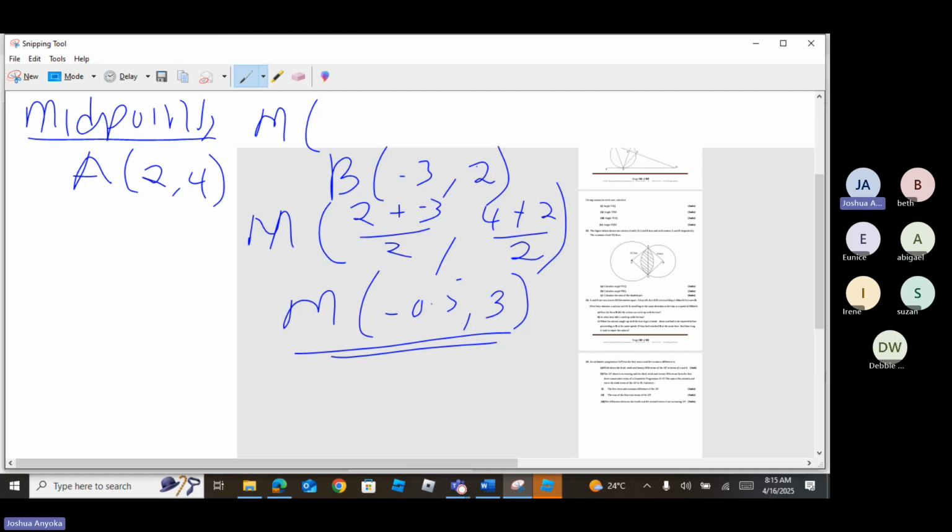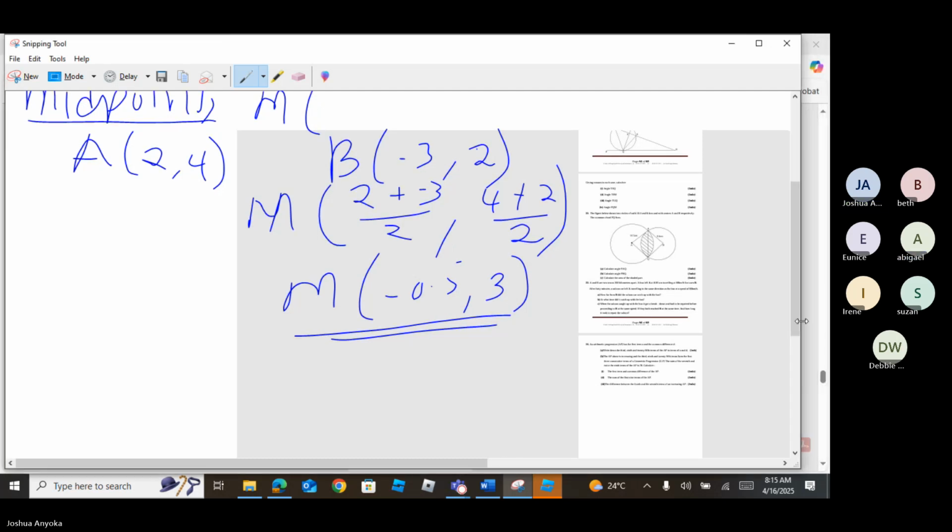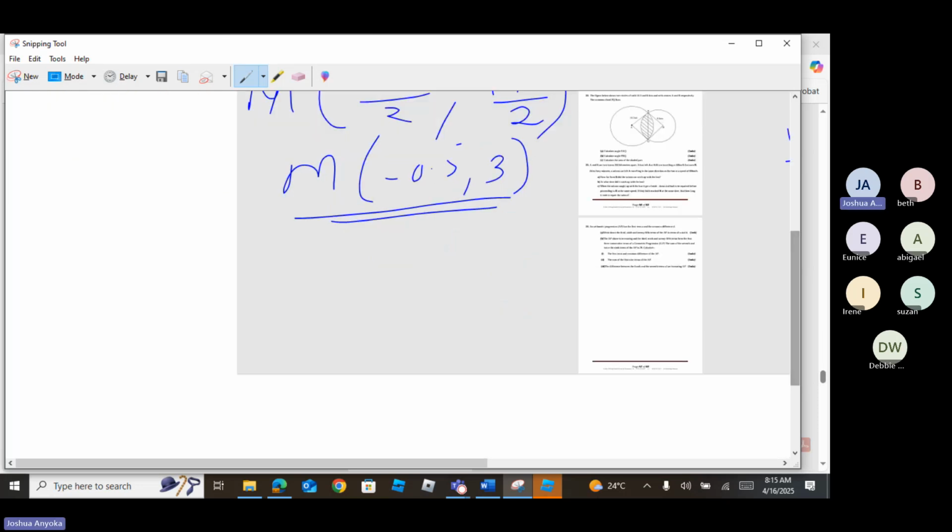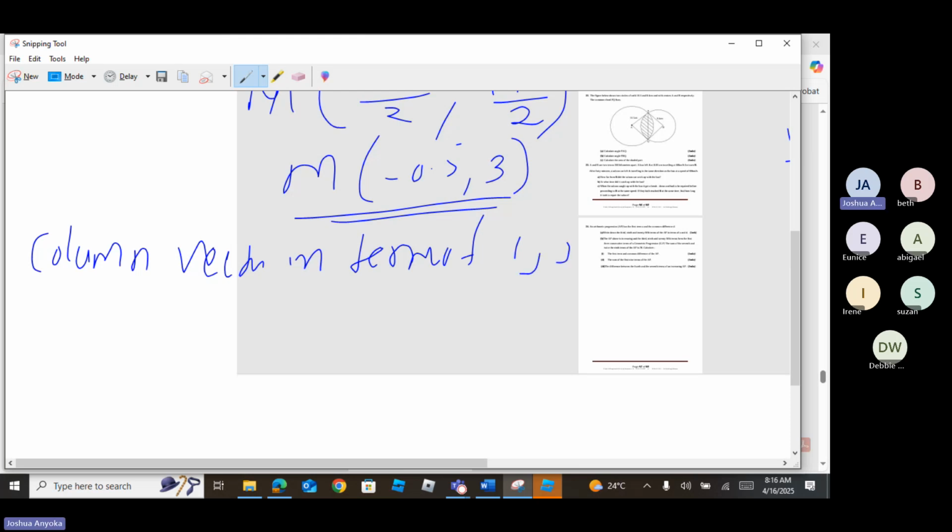After knowing this one, now we move to form 3, where we have vectors in terms of i, j, and k. So we call them column vectors in terms of i, j, and k.